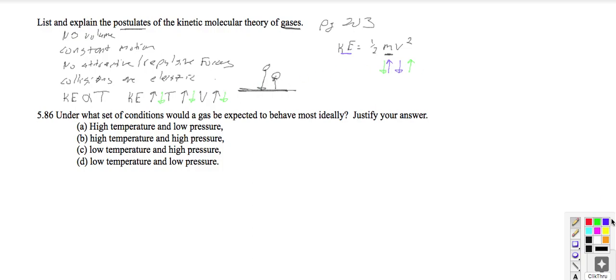Now, one of the things that we should talk about right now is that these postulates of the kinetic molecular theory of gases are for ideal gases. And these are fictional gases that don't actually exist. And real gases then don't follow these postulates to the point of it being a law or something like that.